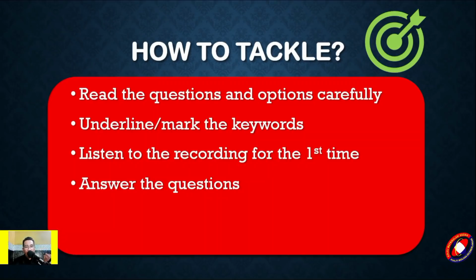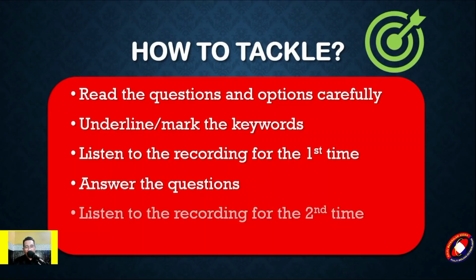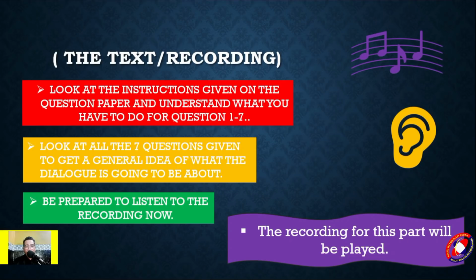You have to form a mental picture of what is going on, what is the gist of the conversation or the general idea about the two people who are talking. Answer the question as you go along, as you read question 1, 2, 3, and so forth. Listen to the recording for the second time. Check for those questions that you have missed, and of course check your answers, right?